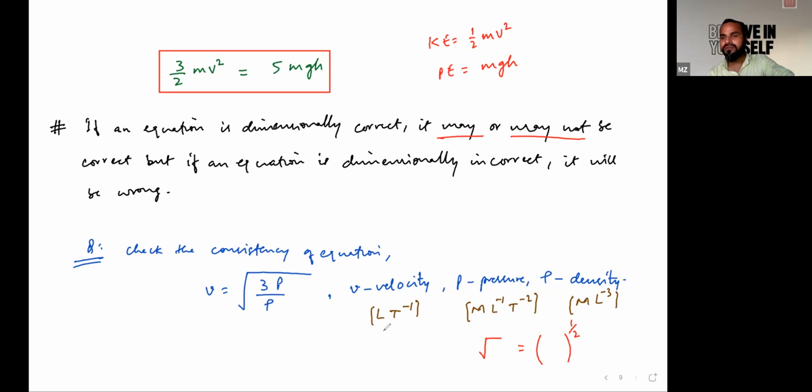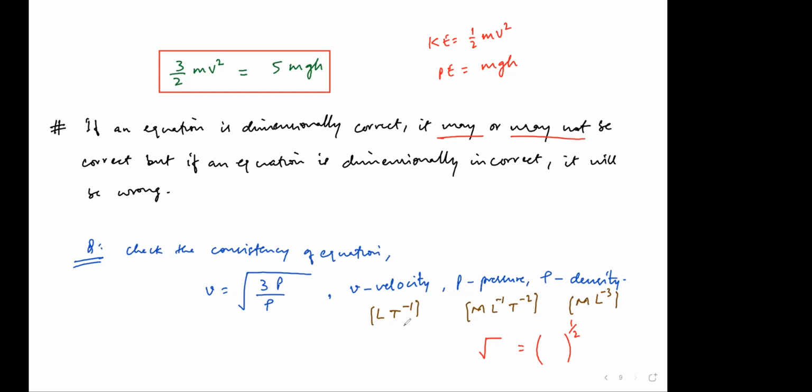You have to simplify only the right hand side. Just put the dimension formula for P, which is pressure, and the dimension formula for rho. Sir, wait, I'm trying, sir.